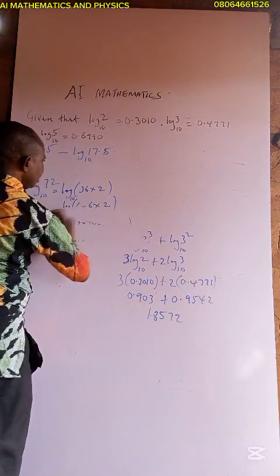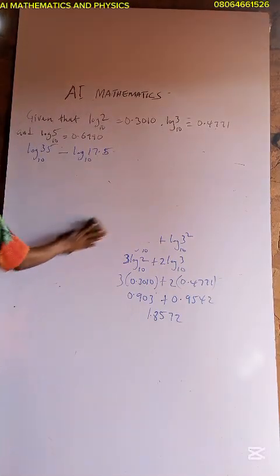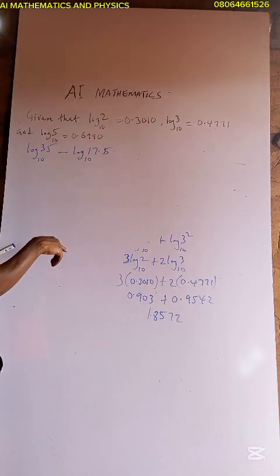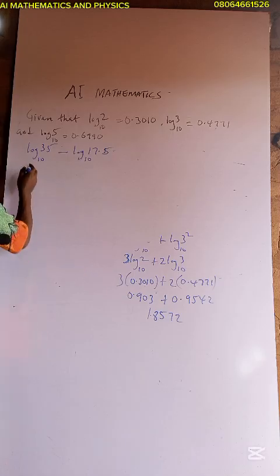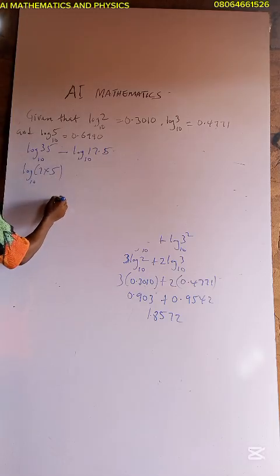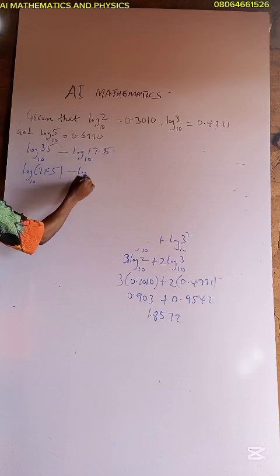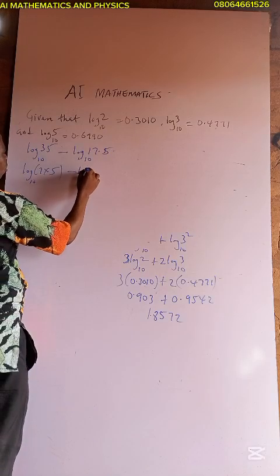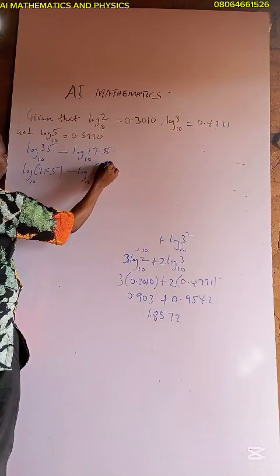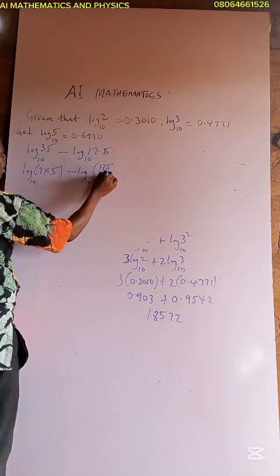So let me clean this side. You can see that 35 is 7 multiplied by 5, so that is log 7 times 5 base 10. And this one minus log, change 17.5 to a fraction. That would be 175 over 10.